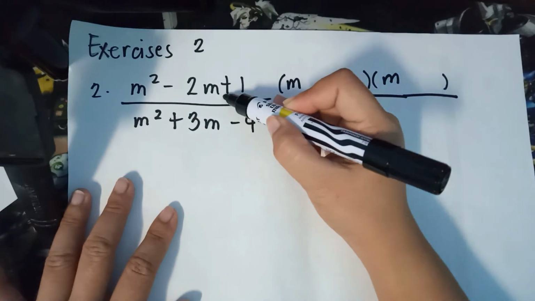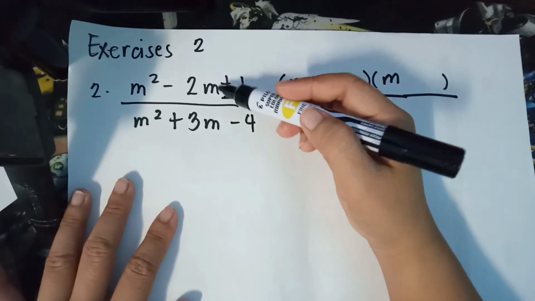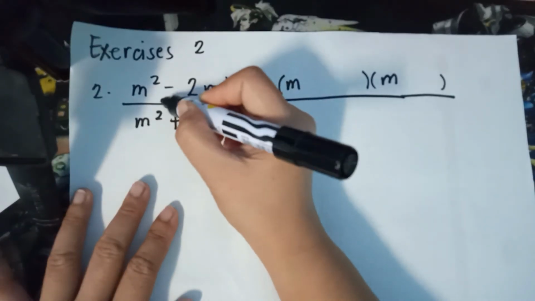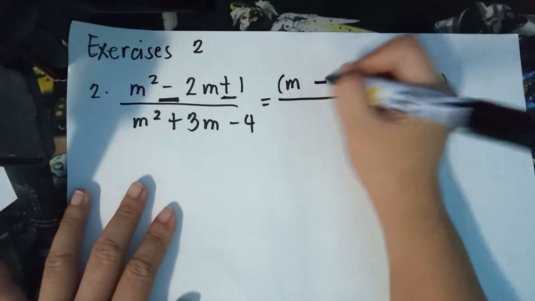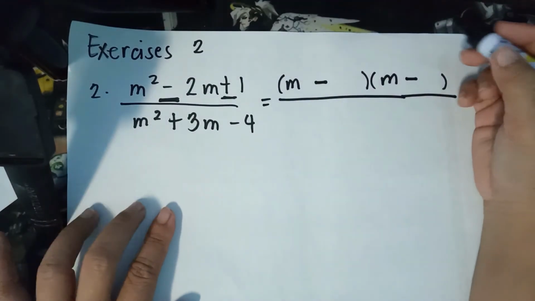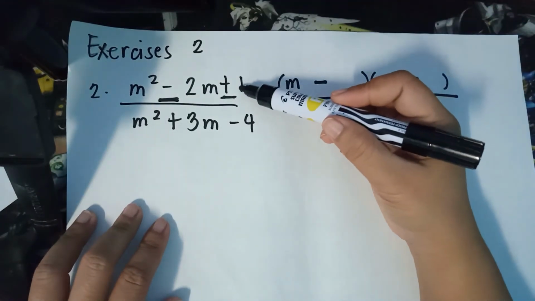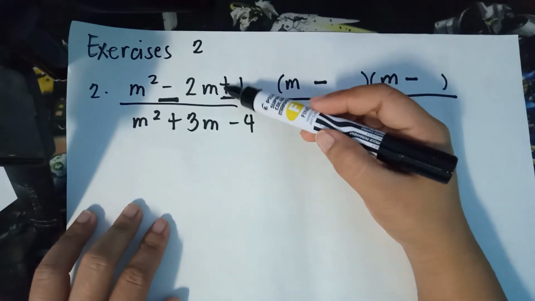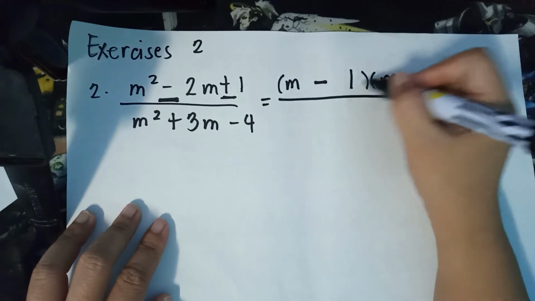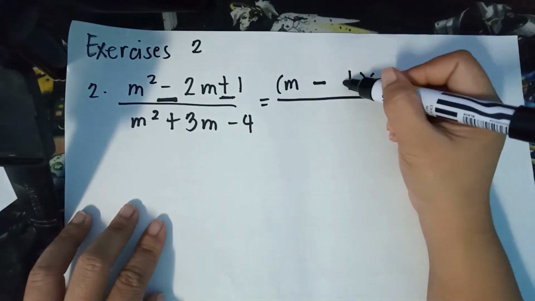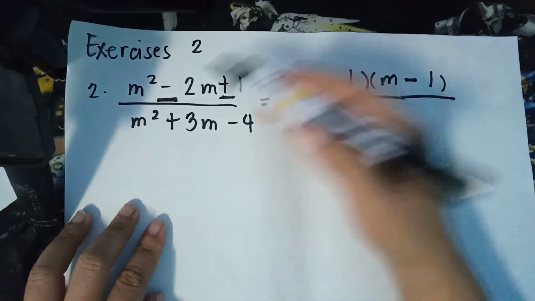Since the last term is positive, the signs are the same. Next, look at the middle term. The sign is negative, so we have 2 negatives. What are the factors of 1 that if you add, the answer is 2? That is 1 and 1, because 1 times 1 is 1. Negative 1 plus negative 1 is negative 2.